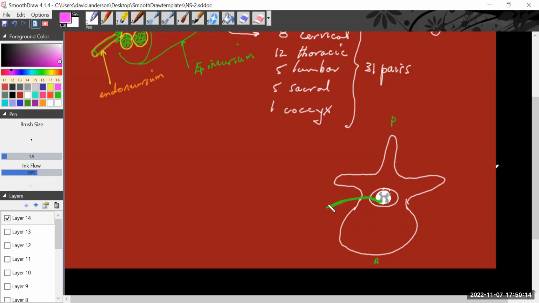And our sensory neuron came in this way and enters the spinal cord that way. Let's actually move this over a little closer.